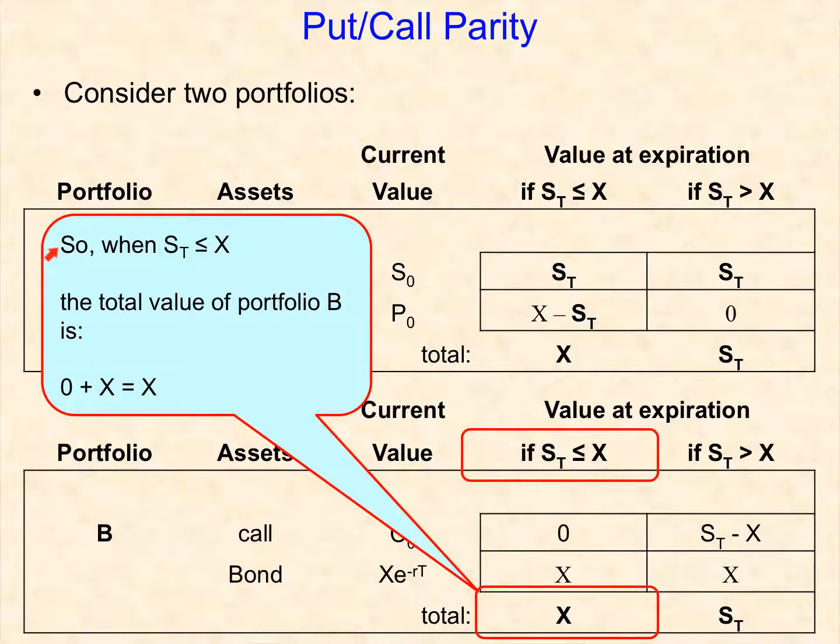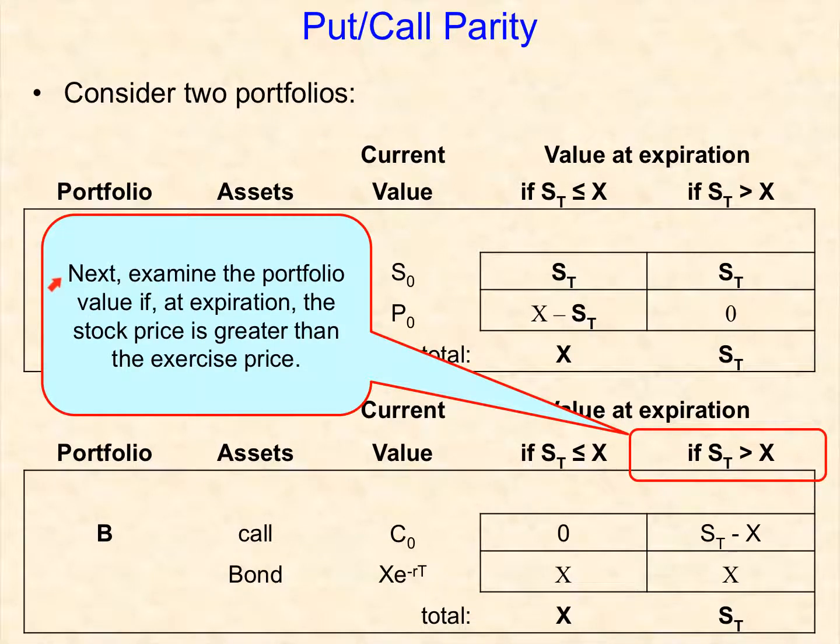So, when the stock price is low at the end of our holding period, we have a call worth 0, a bond worth X, and so the portfolio is worth X dollars.